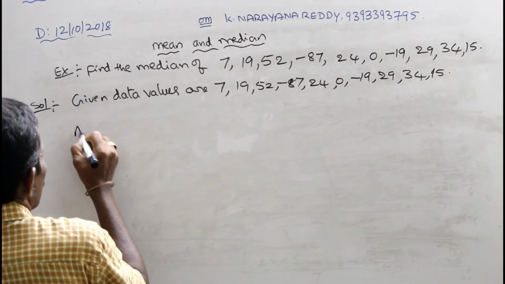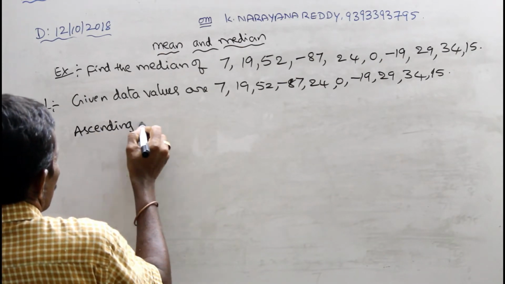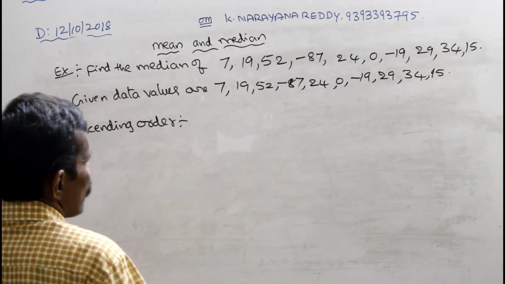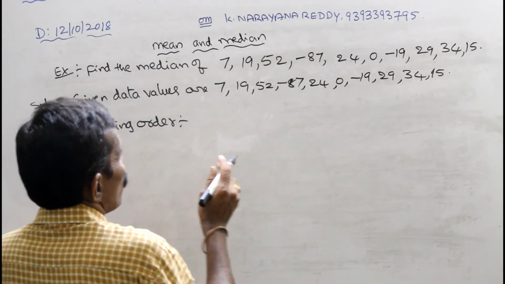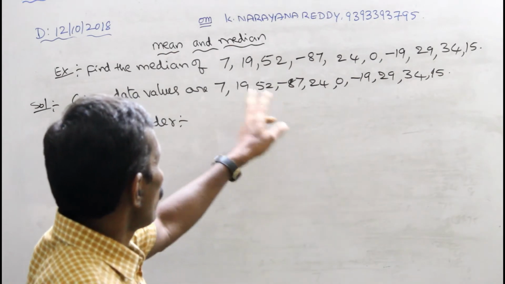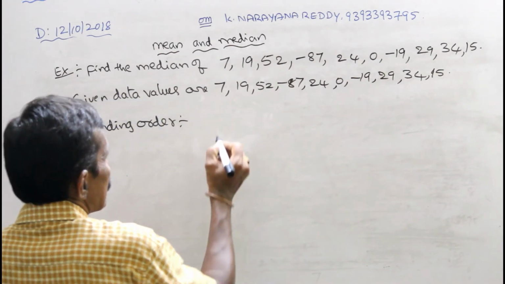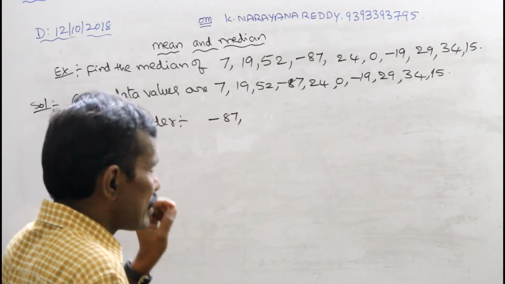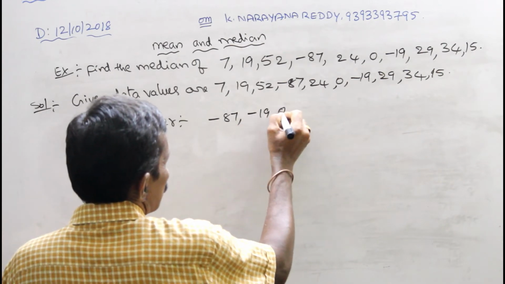Ascending order. Ascending order means smallest to big, small to big. Which is the smallest number in these data values? Biggest in minus? Minus 87. That is this number. Next one is minus 19. Next is 0.